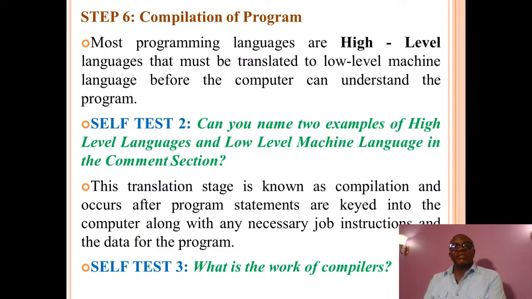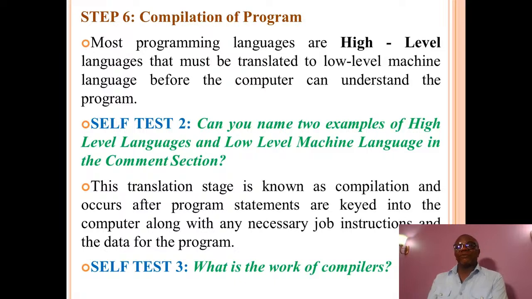So step 6 is the compilation of the program. Most programming languages are what we call high-level languages that must be translated to low-level machine language before the computer can understand the program. Also, in the past, we've looked at the high-level languages, and we say that these are programming languages that resemble the human language, but the computer will be able to translate it to its own low-level machine language.